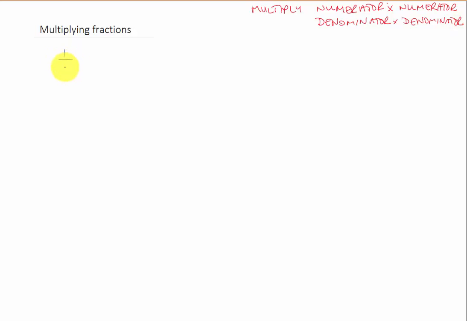So shall we say 1/2 times 1/2? Another way of expressing that is 1/2 of 1/2, and I find that a useful way of looking at it. So we're dividing into smaller and smaller pieces.